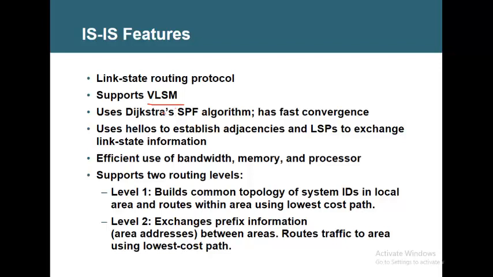ISIS uses the same algorithm that OSPF uses, Dijkstra's algorithm, which is also called the shortest path first algorithm. You know this algorithm very well. It is a binary tree algorithm, so the low cost is the preferred path. This is also a link state routing protocol that uses the SPF algorithm.